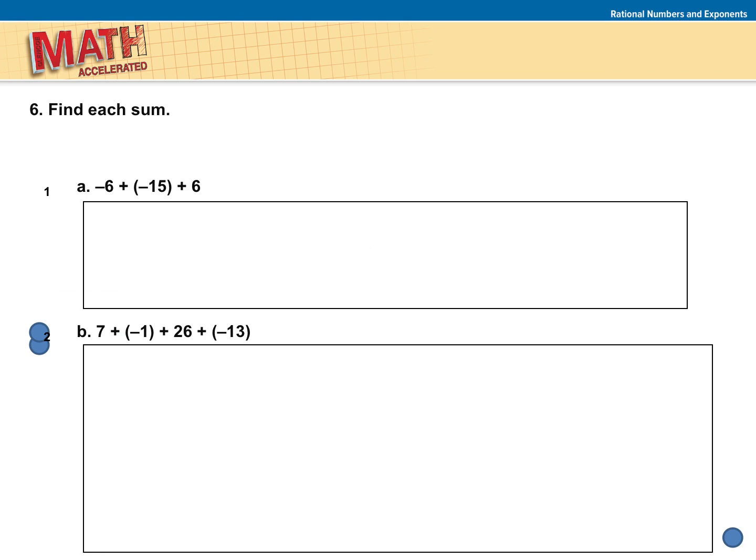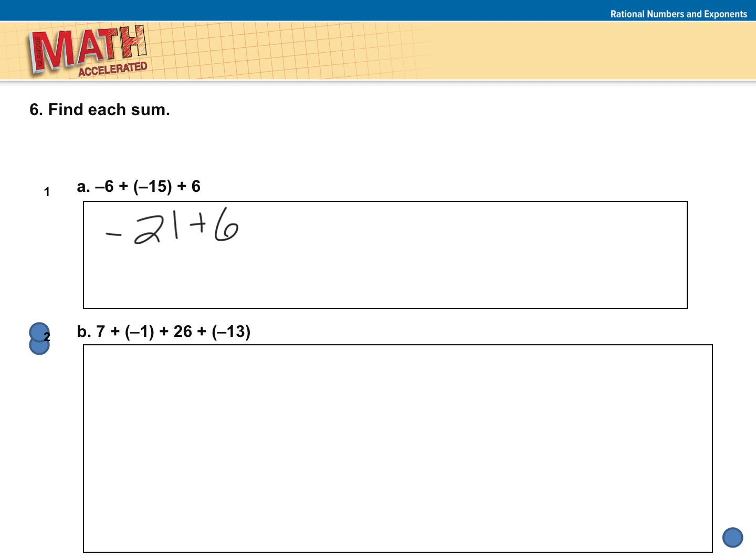Okay. Now we're moving on to adding more than 2 numbers. My advice, work left to right. Let's do it like normal. Let's do negative 6 plus a negative 15 first. What do you get? Negative 21, and then drop down what you have left. Everyone write that down.